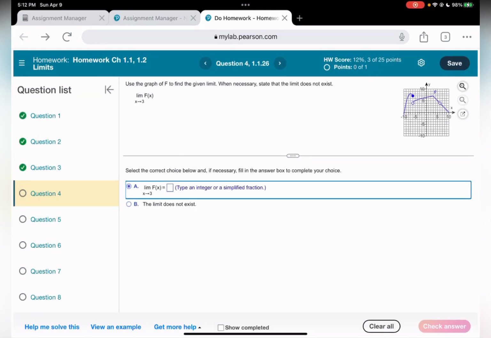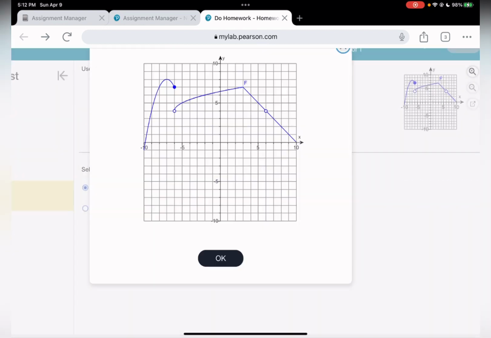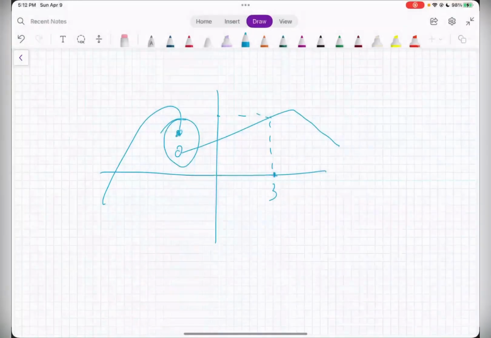Question number 4. Use the graph of f to find the given limits. Okay, what do we have? We need to find the limit as x approaches 3. When my x is positive 3, let me open it.